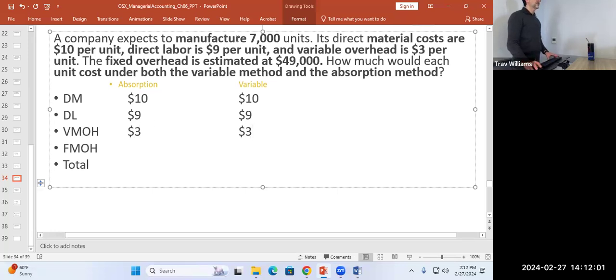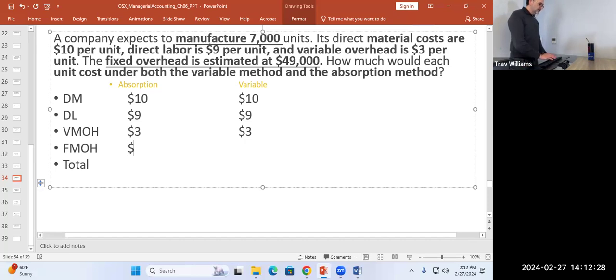And then fixed manufacturing overhead, well, the total is 49,000. If they're planning to make 7,000 units and the total fixed overhead is 49,000, we just divide, right? $49,000 of overhead divided by 7,000 units comes out to $7 per unit.